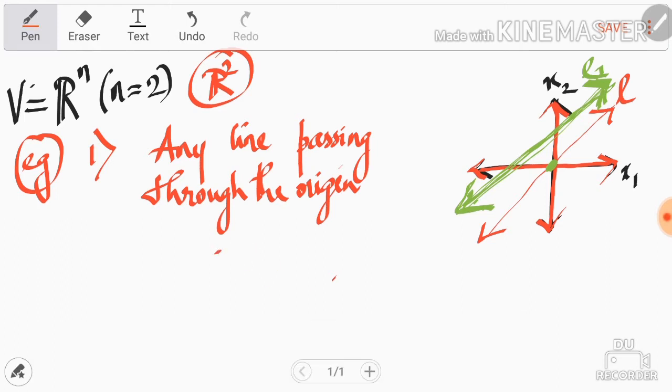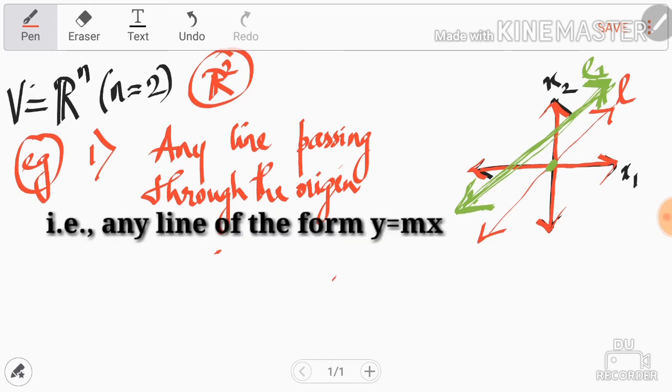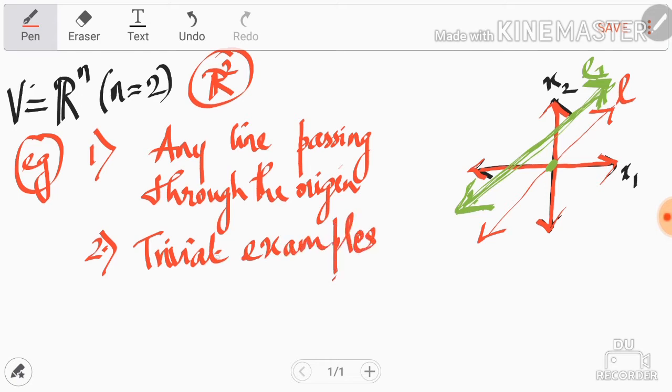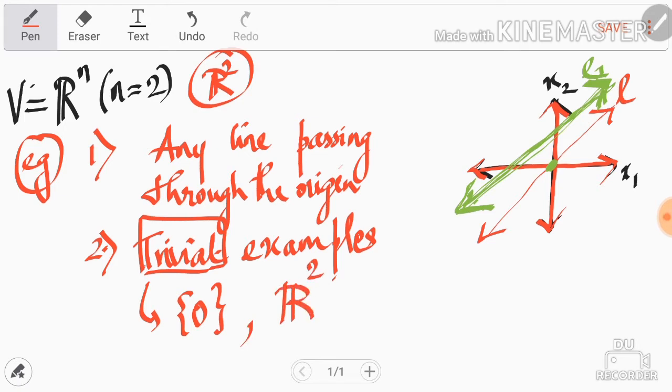So we saw that any line passing through the origin is a vector subspace of R2. Can we think of any other example? Okay, I'll tell you, other than the lines passing through the origin, there are two trivial examples of vector subspaces. Trivial means obvious, and these two examples are the singleton set containing 0 and the entire space R2.